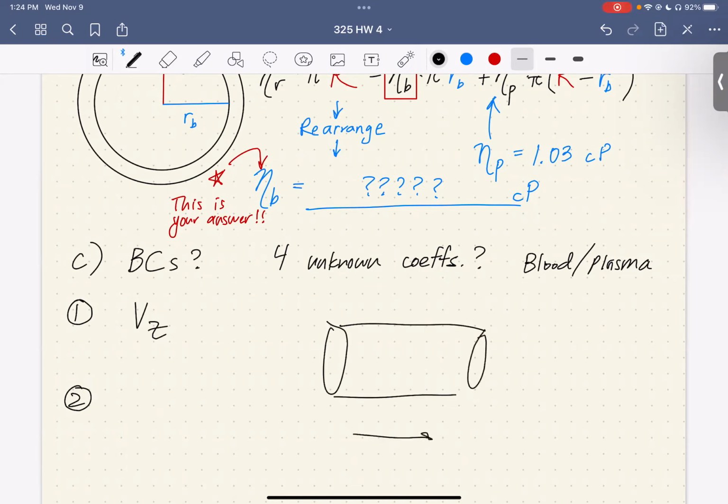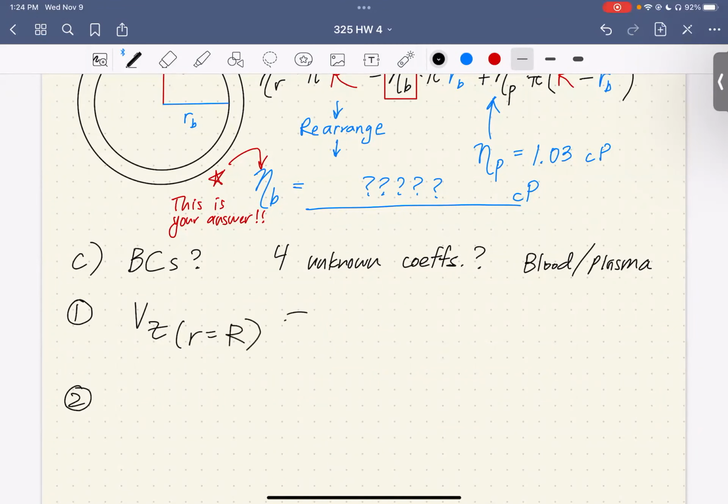This is Z, we have R, we have theta. It's in the Z direction, and we want to specify what direction we're talking about. And the radius, or small r, is varying. Radius equals big R is 0, so we know that boundary condition for sure.